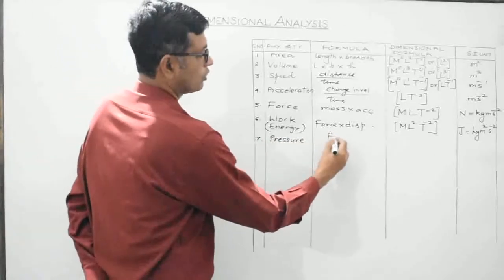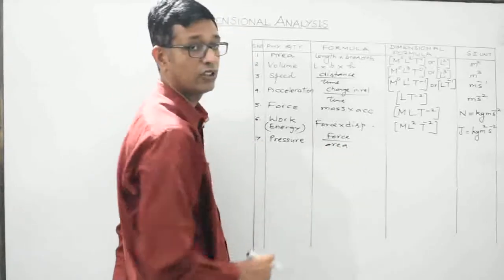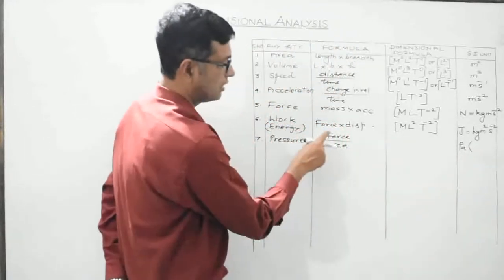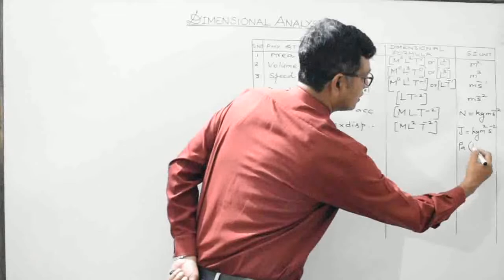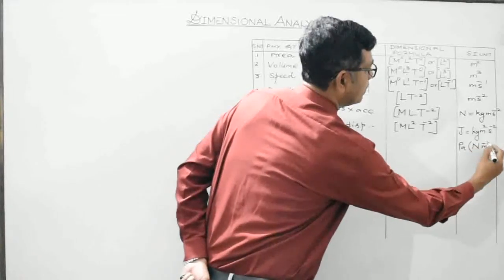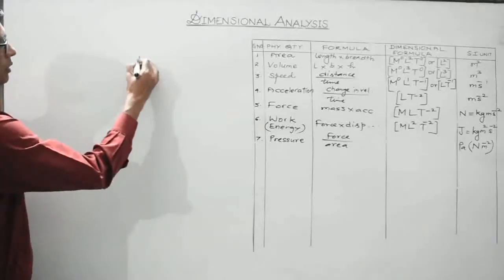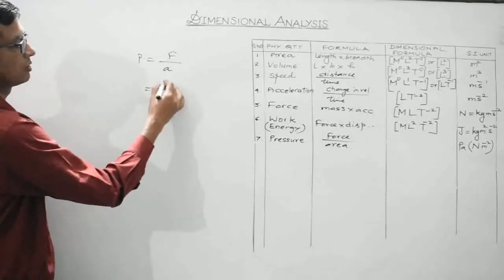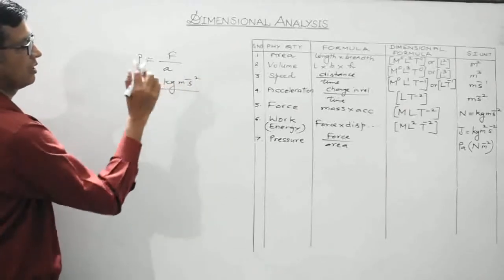Right? Seventh, pressure. This is the term which you are aware of. It is force per unit area. Now look, its SI unit is Pascal. And it can be written as SI unit of force is Newton, area is meter square. So Pascal is Newton per meter square. Now look, in order to get its dimensional formula, pressure is force per unit area. Force, it is kg meter per second square, mass into acceleration.